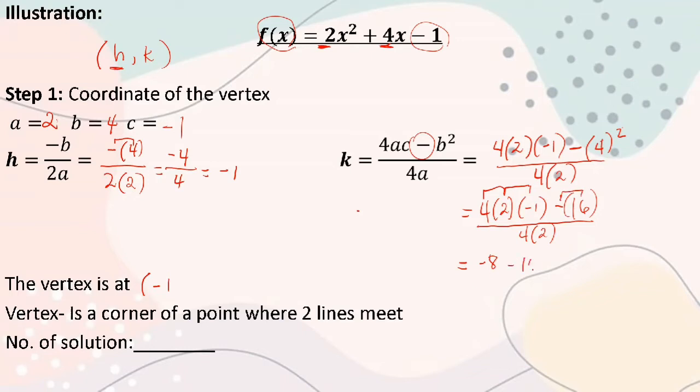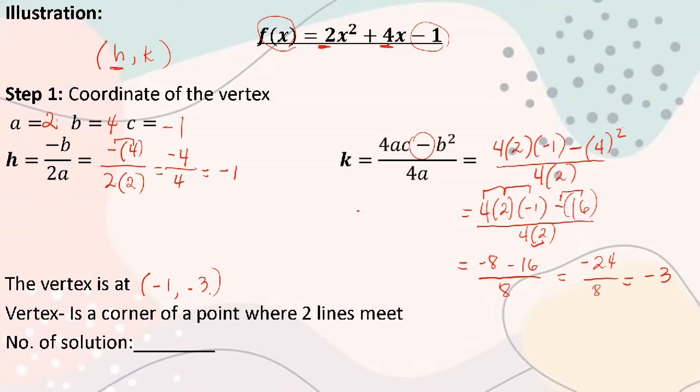And then, over natin sa 4 times 2, it is 8. So, next is to simplify. Negative 8 minus 16 is equal to negative 24. And then, copy the value of 8. And then, when we simplify, it is equal to negative 3. So, therefore, the k is negative 3. And the vertex that we have is negative 1 and negative 3.